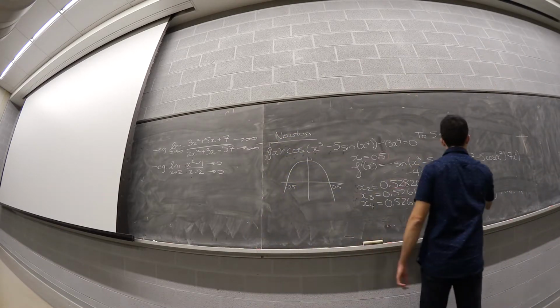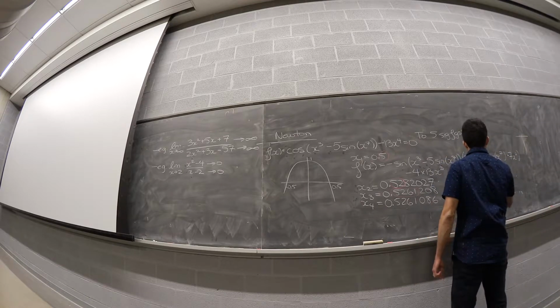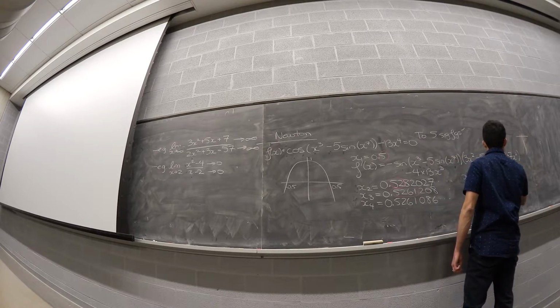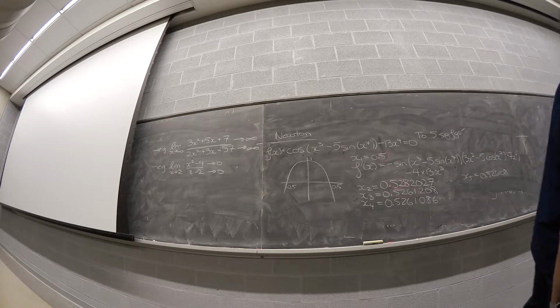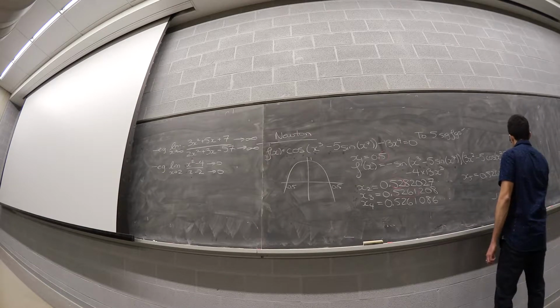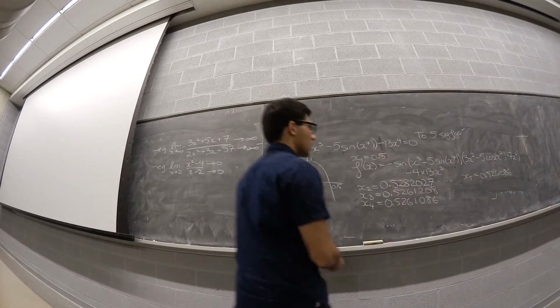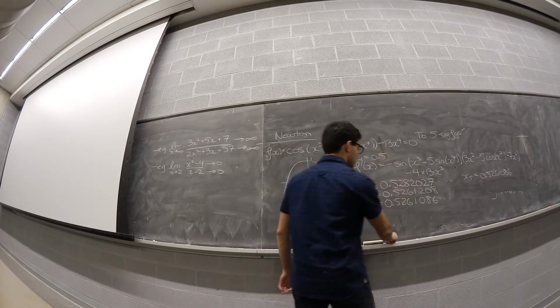We'll do x5 here. x5 is equal to 0.5261086. And you compare those guys, it's looking pretty good.